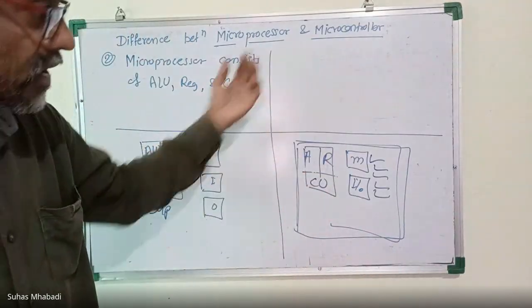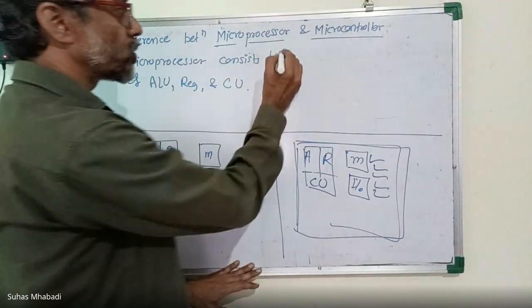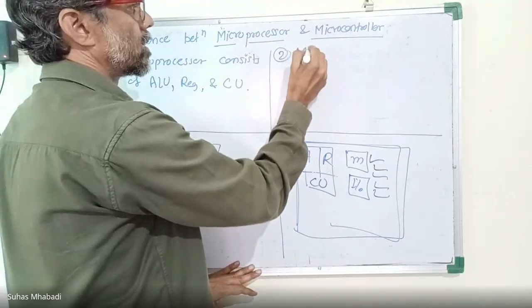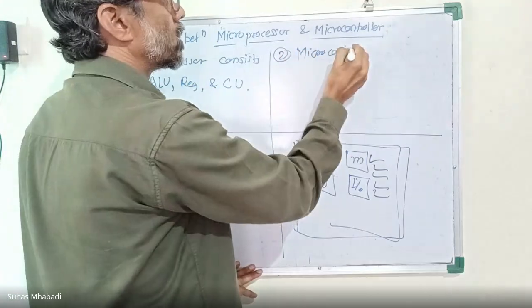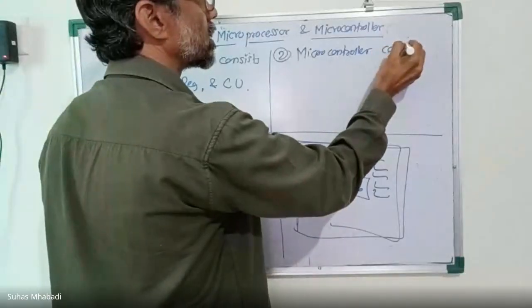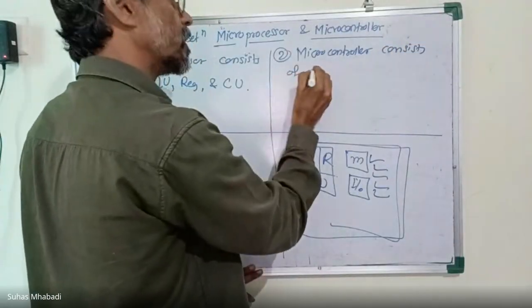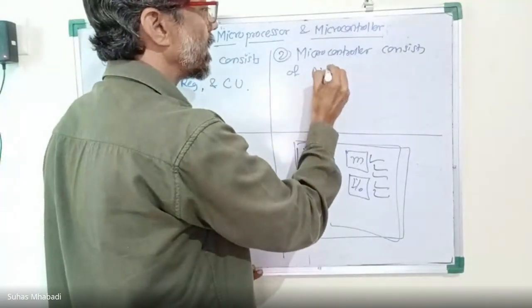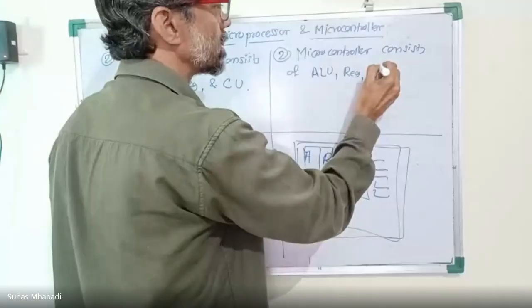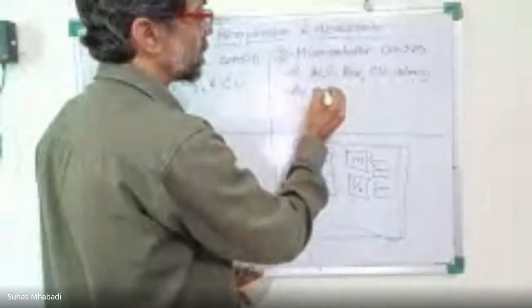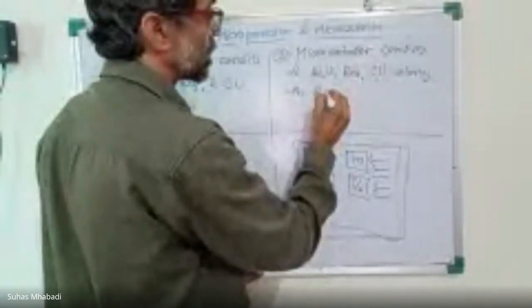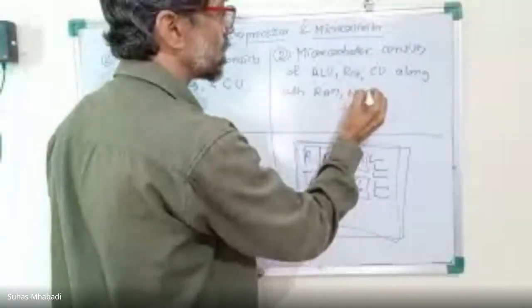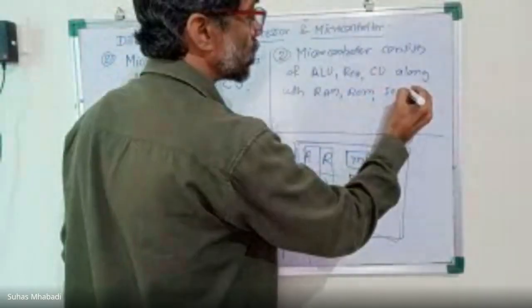So here in this microcontroller, we can write: microcontroller consists of the same ALU, registers, CU. हे तर ऑलरेडी आहेतच ना. ALU, register, CU, control unit, along with RAM, ROM, IO devices.